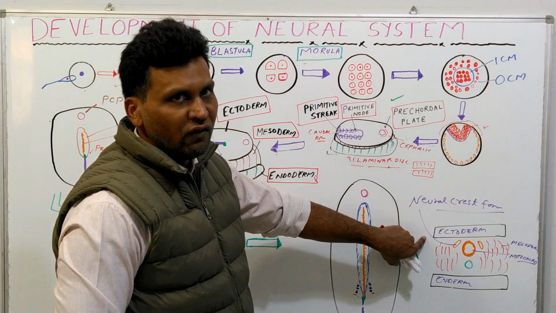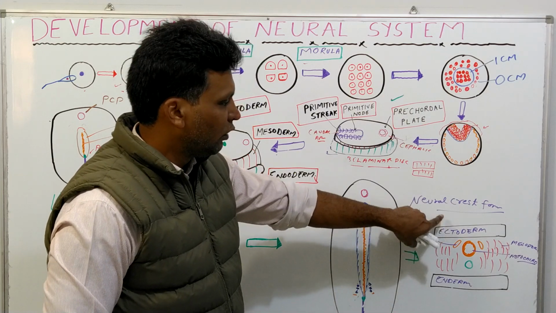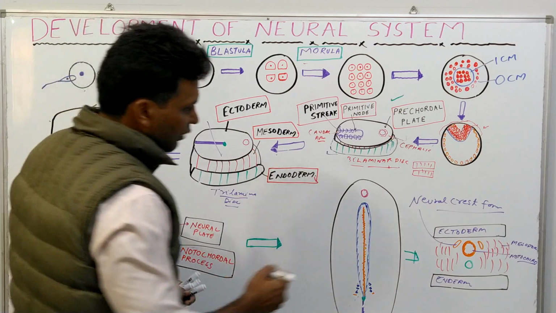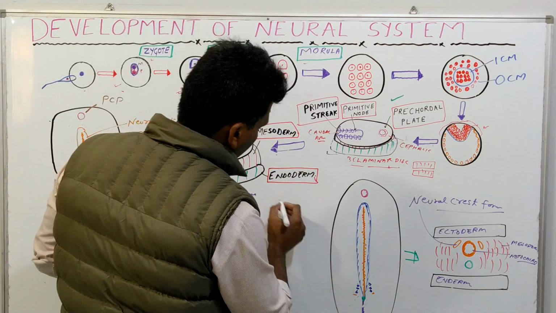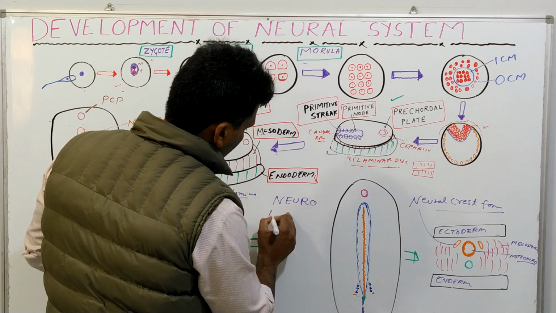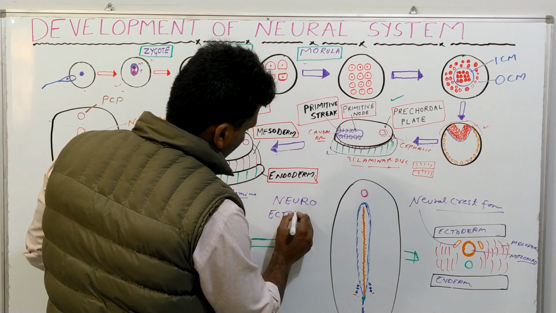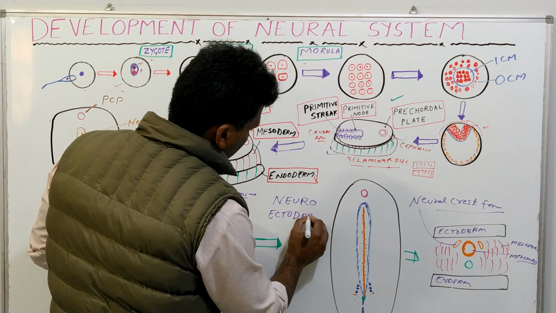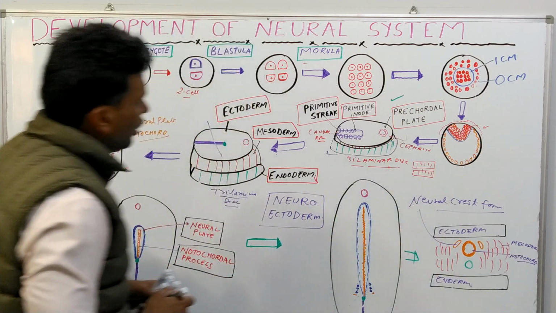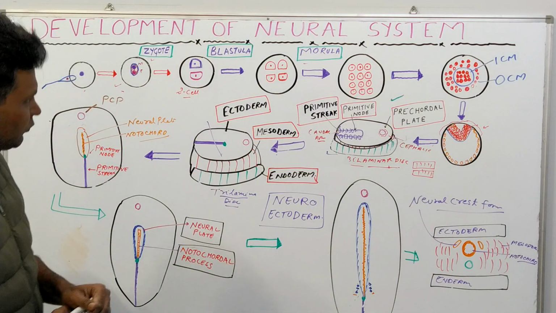Because the origin of the neural system is coming from the ectoderm. That is the term: neuroectoderm. So it is a very brief explanation about the development of the neural system.